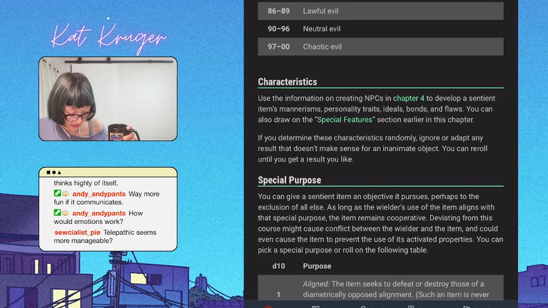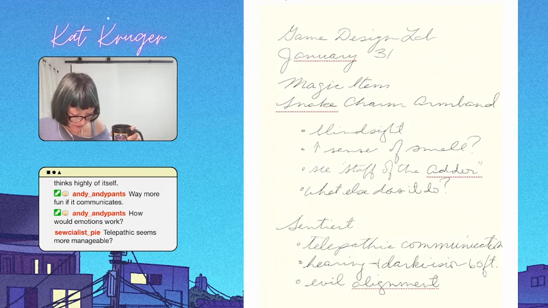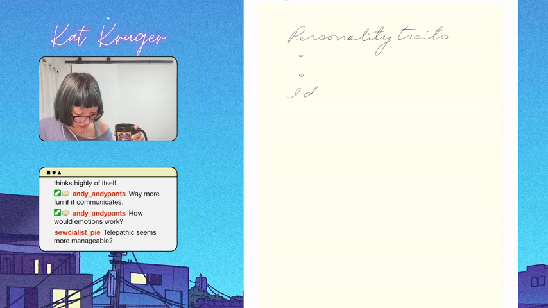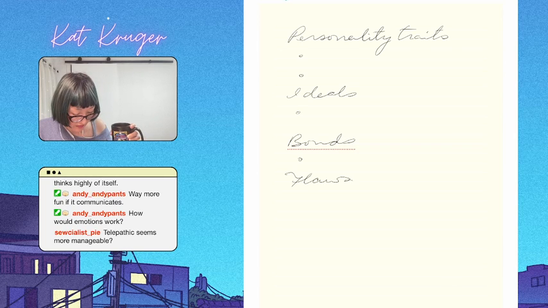So I'm going to write in here personality traits. Should be two of them. Ideals, bonds, and flaws. I can always come back to those as well.